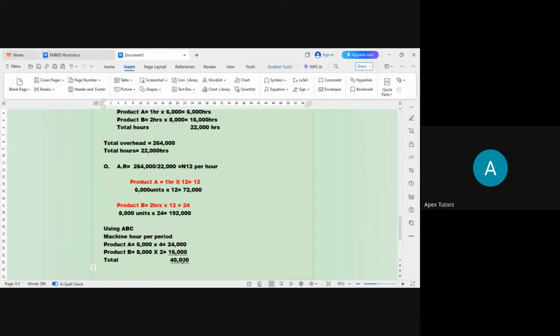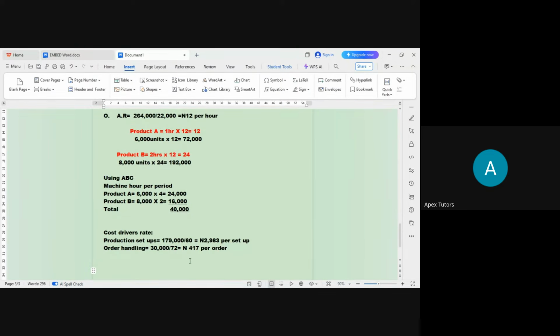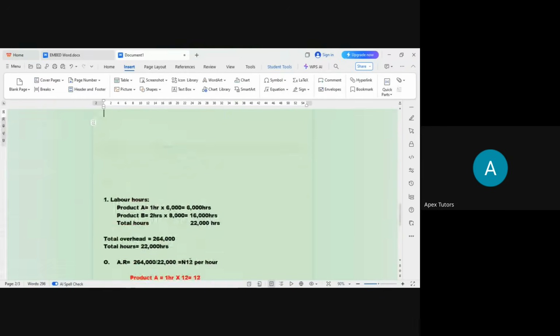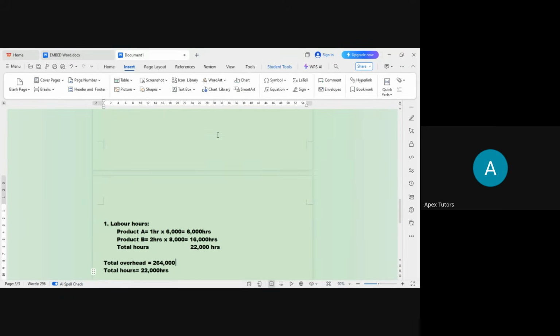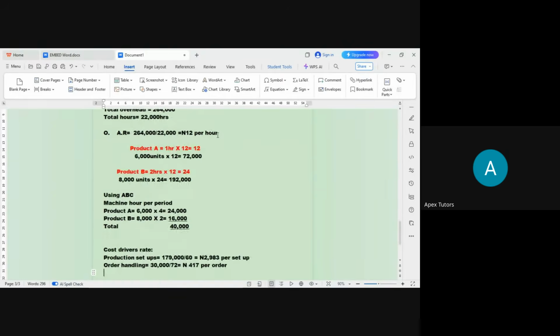So how do we now determine the machine cost per hour? From the overhead, the machine cost is what? 55,000. So to determine the machine cost per hour, it will be what?